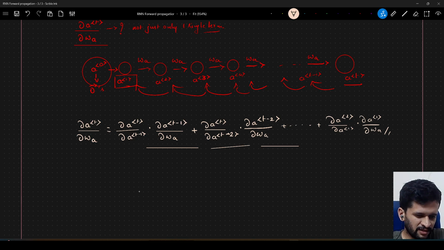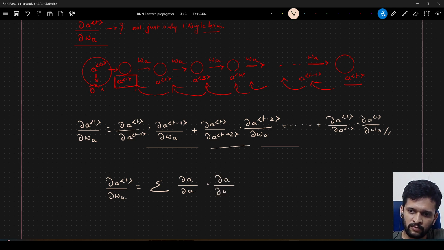So we can represent this in a short way. How can we do that? We can write dAt with respect to dWA as a summation. Now we have to plug in t minus 1 so that it will be generalized. So how can we do that?